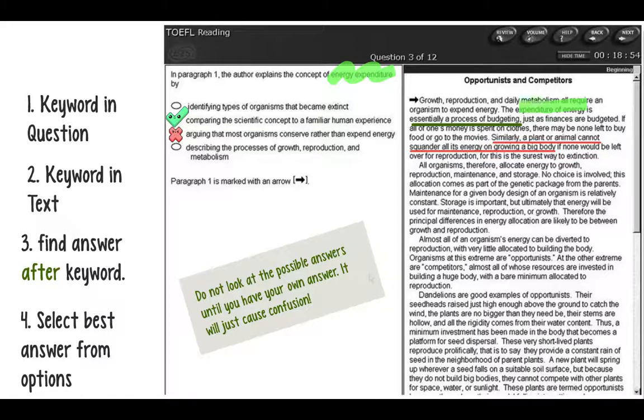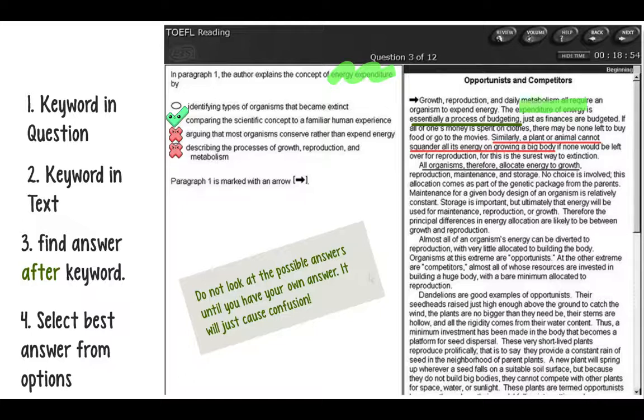Additionally, here, a plant or animal cannot squander all its energy on growing a big body. So here it says that an animal can't waste energy, but they don't say that they have to save energy. And if you notice, they do speak about that concept here, but it's farther down and it's already in a different section, so we can't really use that because it should come from paragraph 1.